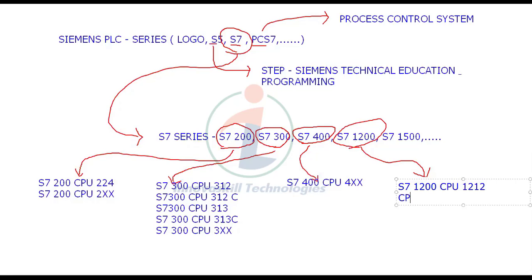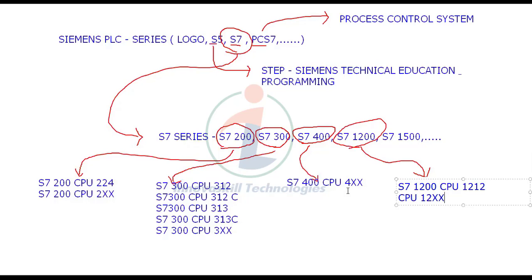Here also the CPU mostly starts with 12XX. In the same way, for 1500 it will start with 15. So this is how the different models available in Siemens PLC are classified.